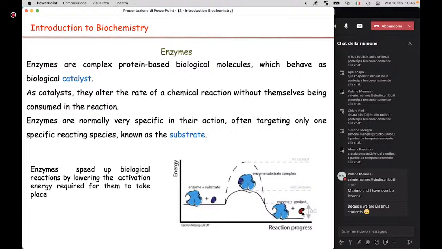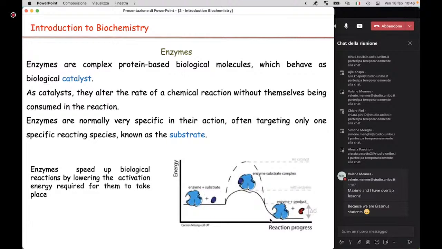And so we have the product. So enzymes usually have a specific structure. You can see here this structure. It is like a hole of some kind that can accommodate only a specific kind of chemical structure. And so they are quite specific.